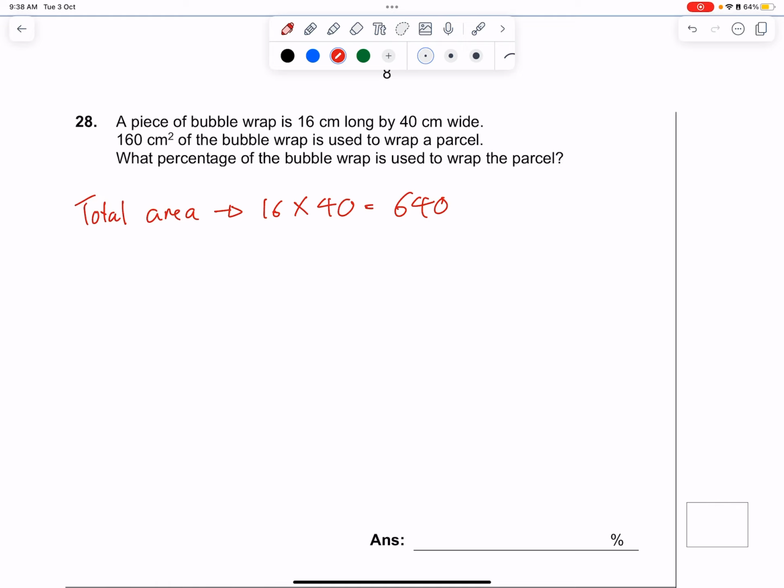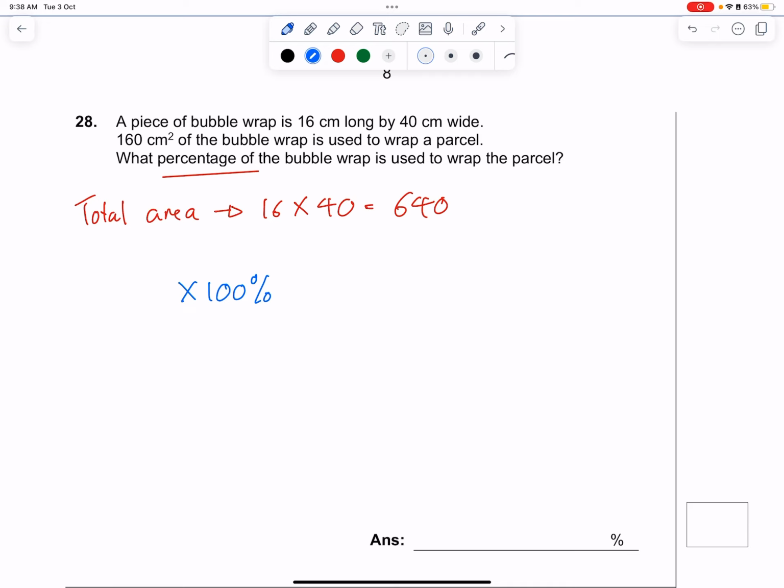Now that you have your total area, you want to know what out of it is being used, correct? So remember this. If you want percentage, on the right hand side you multiply by percentage, and the other side would be the real number.